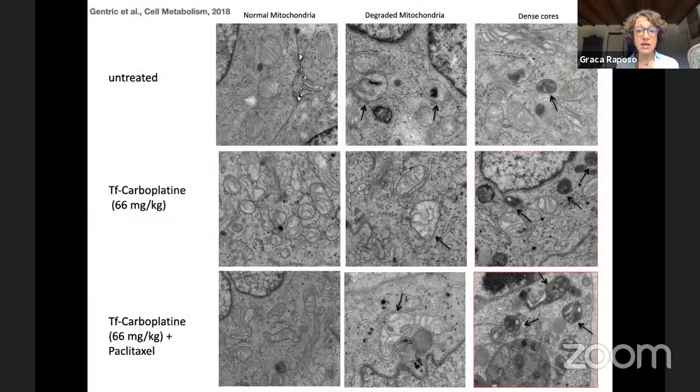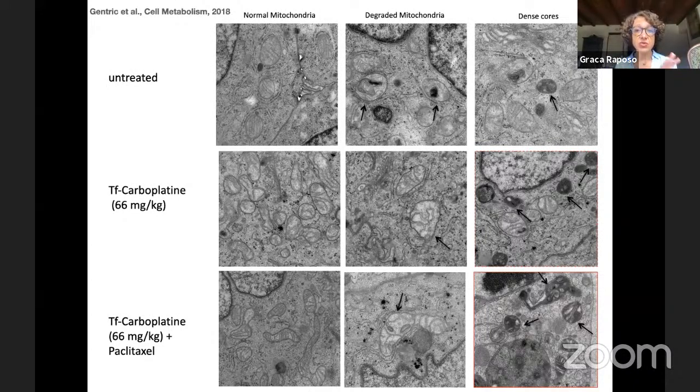So this is another example, also from a recent paper that we had in collaboration with another team in Curie that is more in the translational department, and they asked us to look, for example, at breast cancer cells that were untreated or treated with agents that are used in chemotherapy like carboplatine.